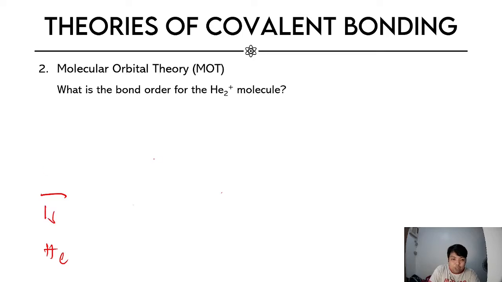And for another helium atom, this will also be 1s. Then you also fill it with electrons. We know that the electron configuration of He is 1s2, so it would look like this.